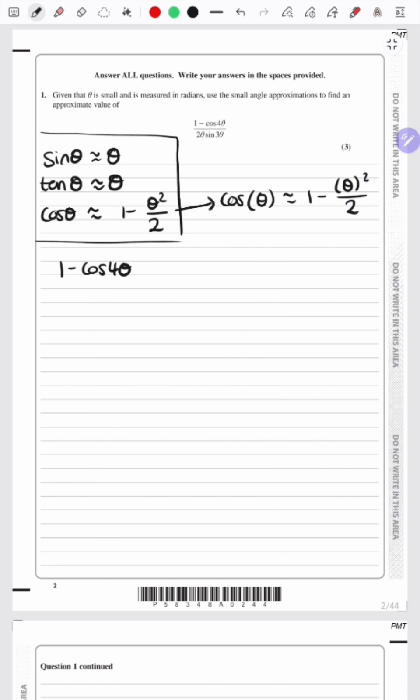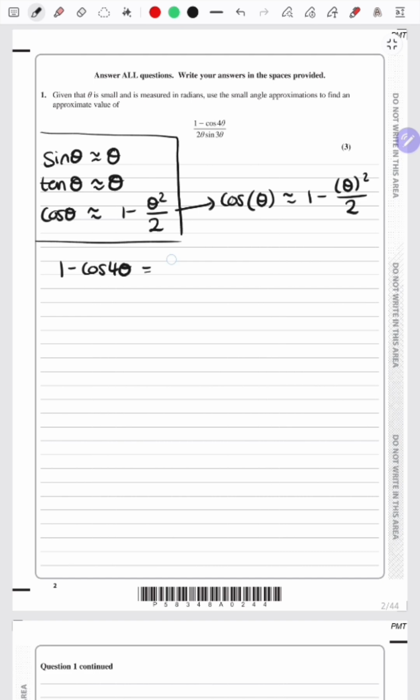So when substituting, we are exchanging theta here, so we need to make sure we change this theta to a 4 theta.